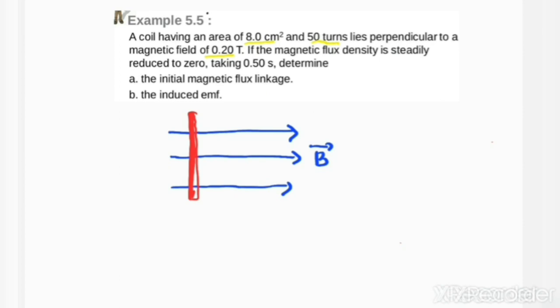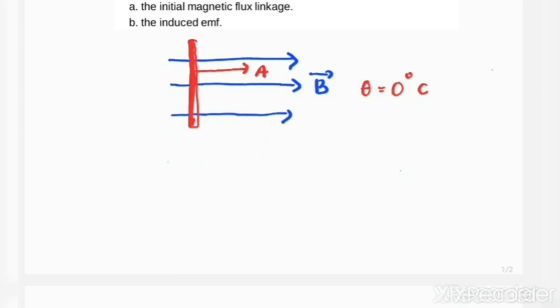From this figure, since the vector of area is perpendicular to the surface, hence the angle theta between the vector of area and the magnetic field is 0. So, to calculate the initial magnetic flux linkage, we know that it is equal to the number of turns times the flux for a single turn.